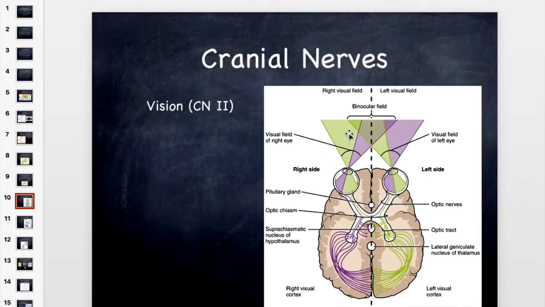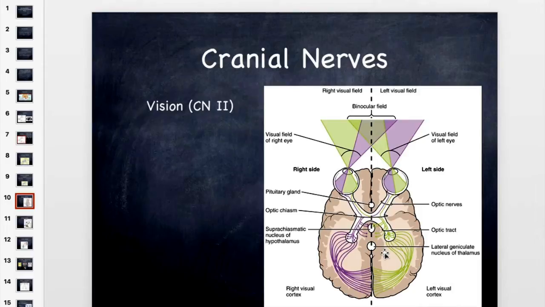So here we are in the right visual field. Information in the green goes into the retina and hits the retina on the opposite side. That green information then travels through the optic nerves, and it stays monocular in the optic nerves. Once it hits the optic chiasm, there's a very clever little switch that happens, and the temporal information, the visual information from your peripheral visual fields, crosses to the other side.